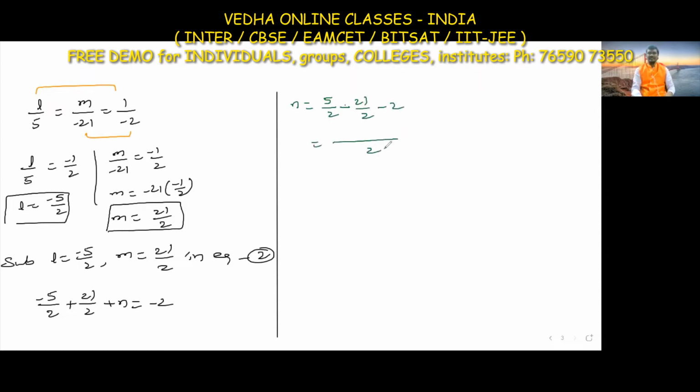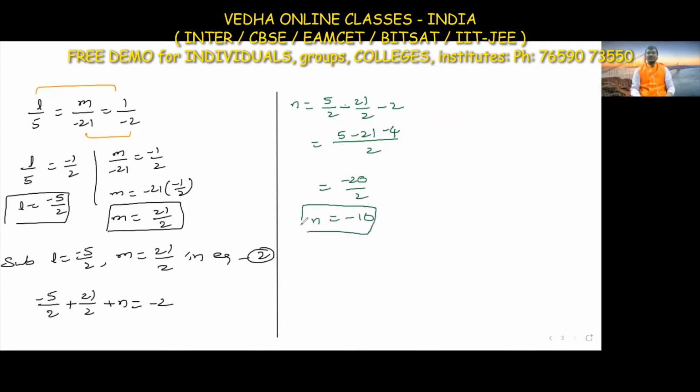Take LCM, LCM is 2. So 5 and minus 21 as it is, and 2 into 2 is 4, minus 4. That means 5 minus 25 by 2, that means minus 20 by 2. The value of N is minus 10.